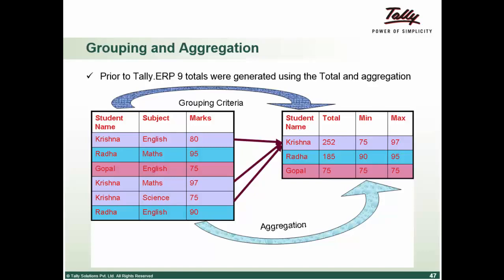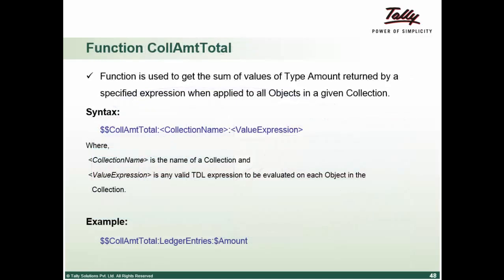So, we have introduced something called Group By at collection level, which is a part of the TDL language capability, and this has increased the speed of our report very fast. It will facilitate generating large summary reports.